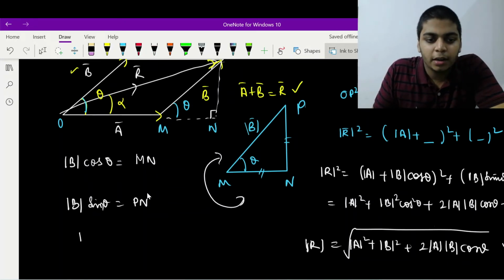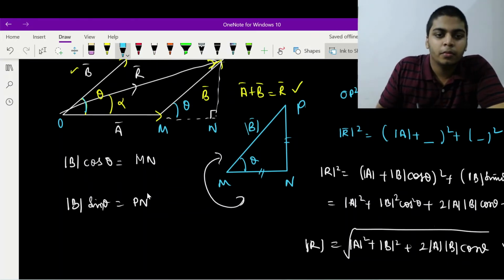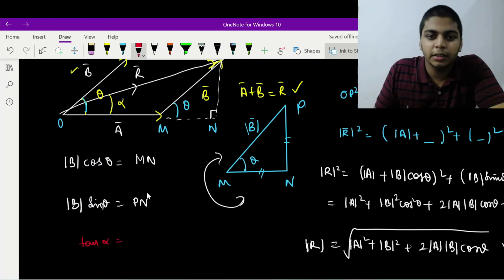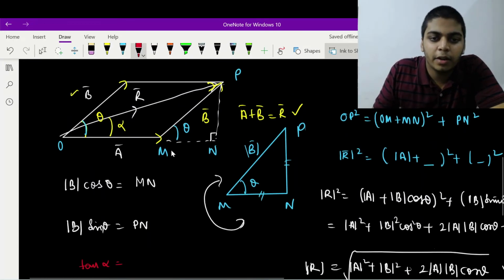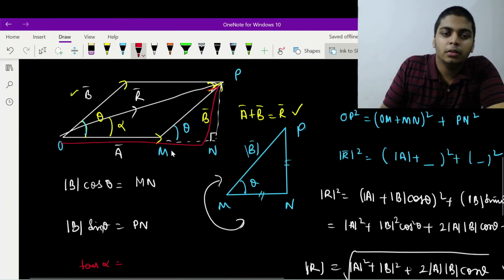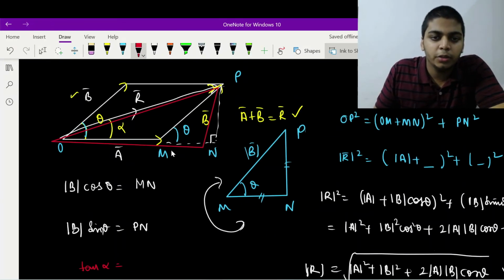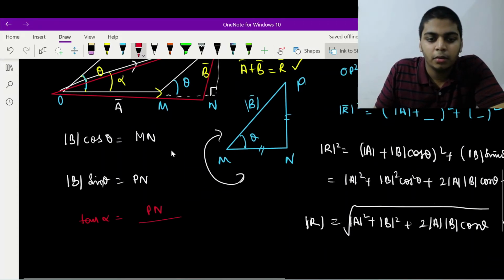Taking up tan alpha, your tan alpha is nothing but opposite side by adjacent side. Your opposite side for the right angle triangle which has alpha as one of the angles is going to be this triangle, and that opposite side is PN, right, by OM plus MN, right?